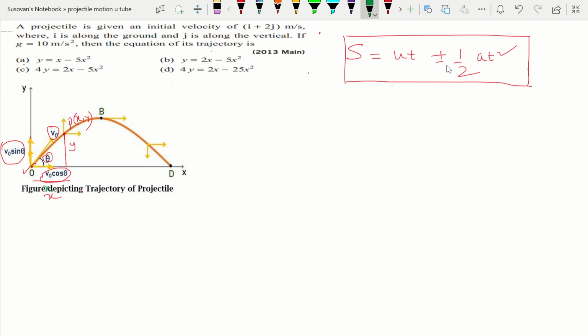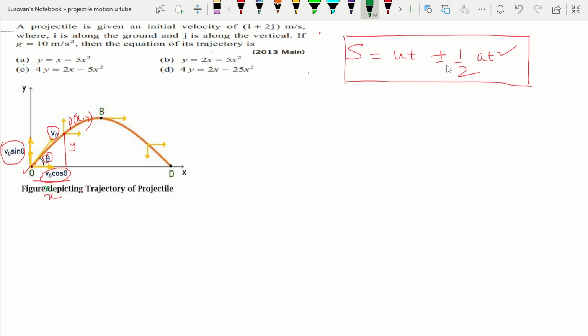As we know, in the x direction there is no force because gravity is perpendicular to the horizontal direction, and we are ignoring here all the forces due to friction of air.